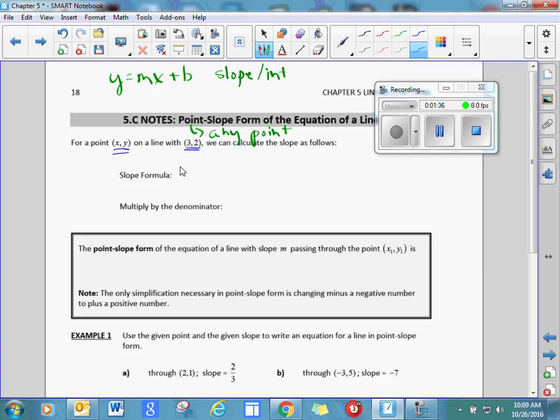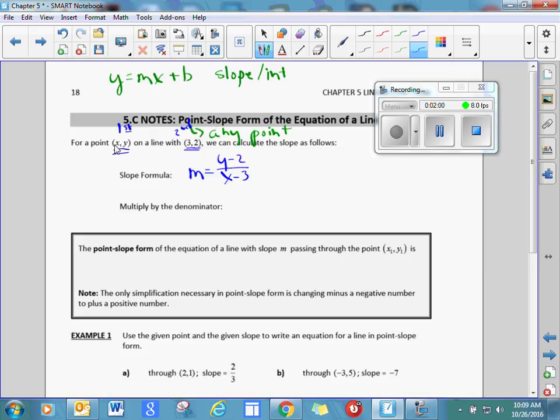If I use the slope formula, this is my first point, and this is the second point, then the slope is going to equal y sub 1 minus y sub 2, which is y minus 2, over x sub 1 minus x sub 2, x minus 3.